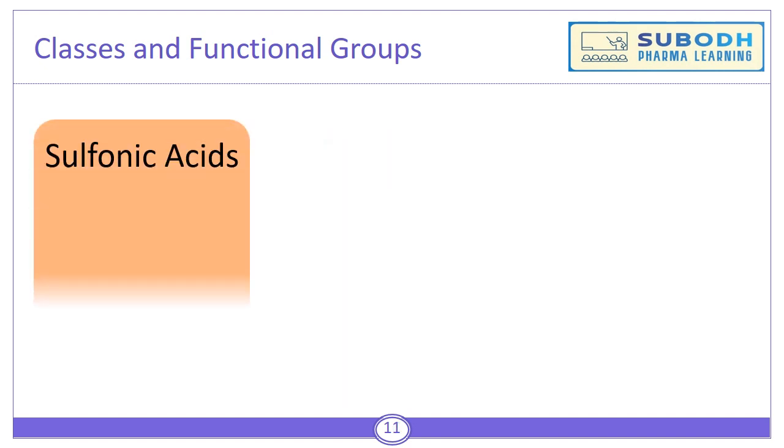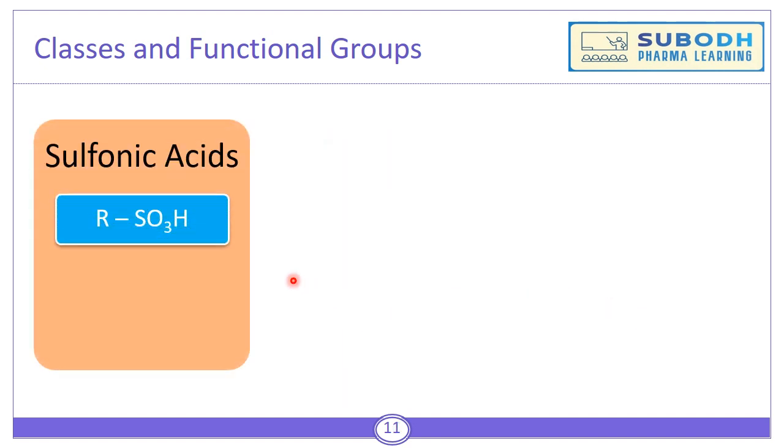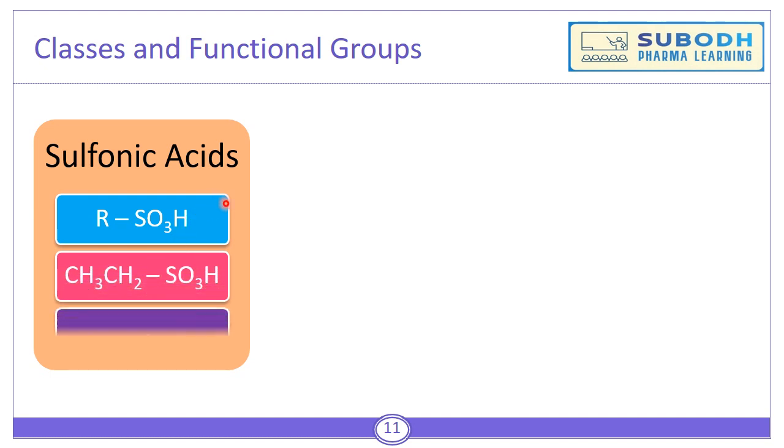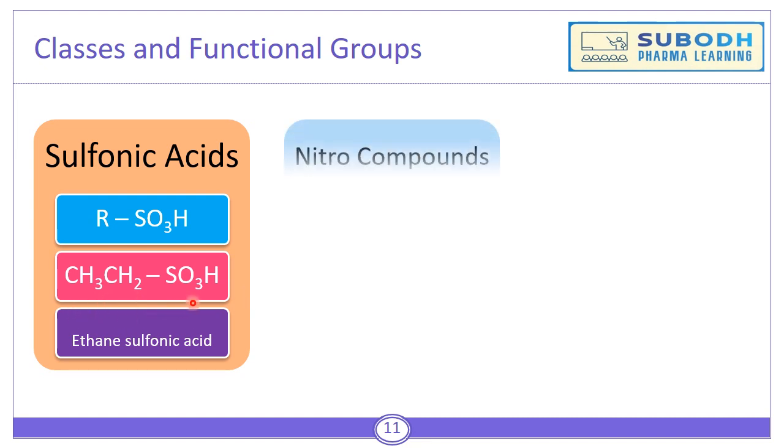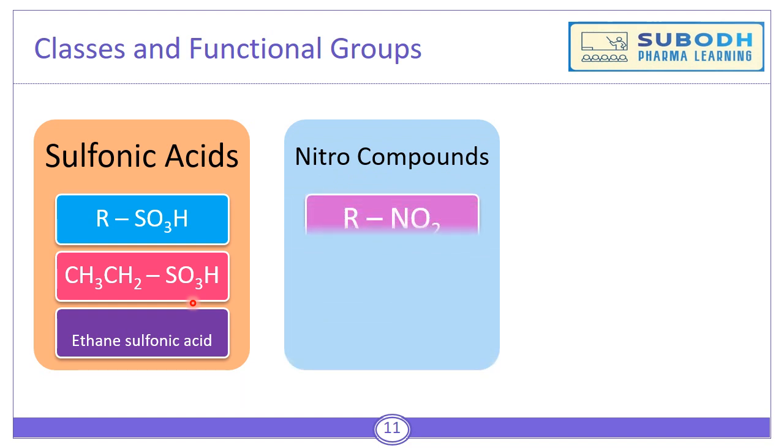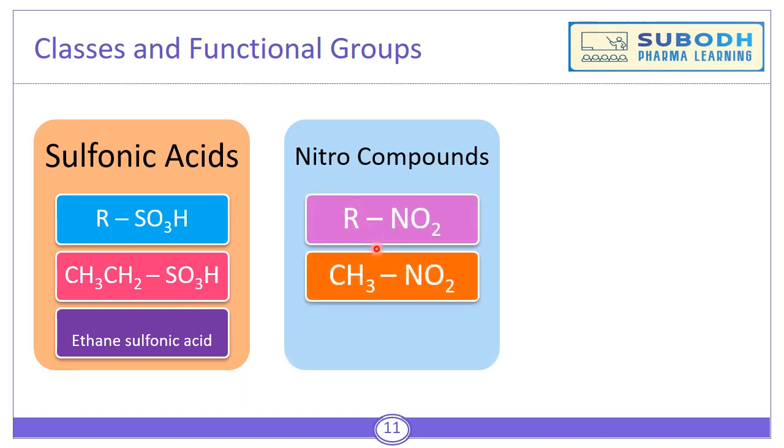Sulfonic acids have the structural formula R-SO3H. The example of this class is ethane sulfonic acid. The next class is nitro compounds, that is those compounds containing nitrogen, and have the formula R-NO2.